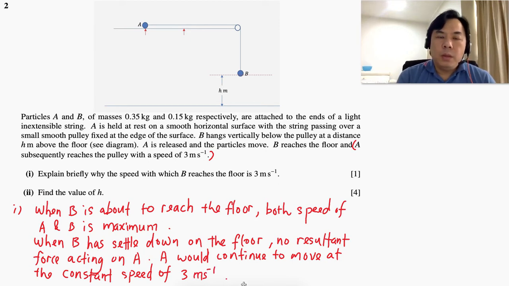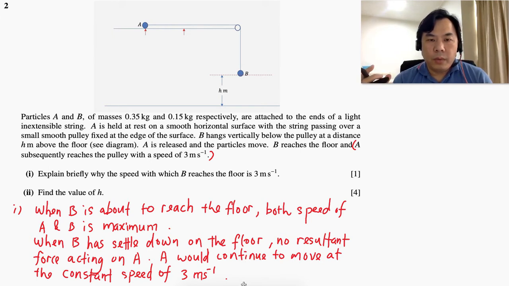Since it will move at the speed of 3 meters per second, we make a conclusion that object B, when it's about to touch the floor, would have already reached its maximum speed, which is the same as 3 meters per second. So while the string is still taut, B has reached a maximum speed of 3 meters per second, the same as A. All right, now that is the brief explanation as to why the speed of B when it's about to touch the floor is 3 meters per second here.